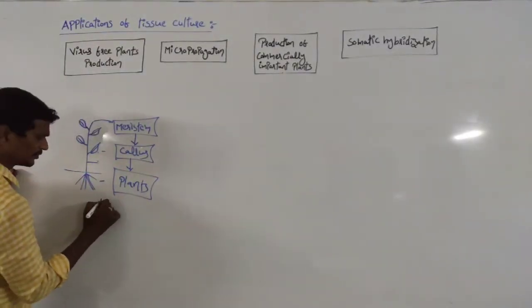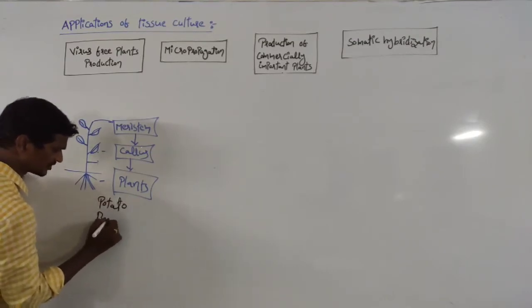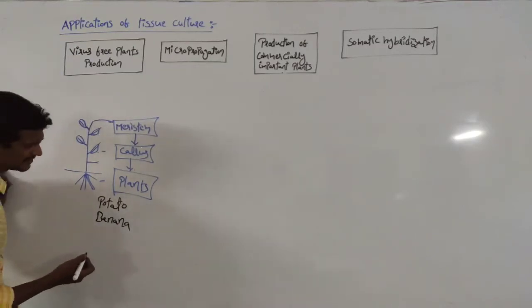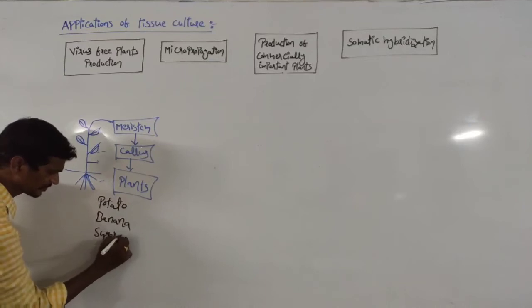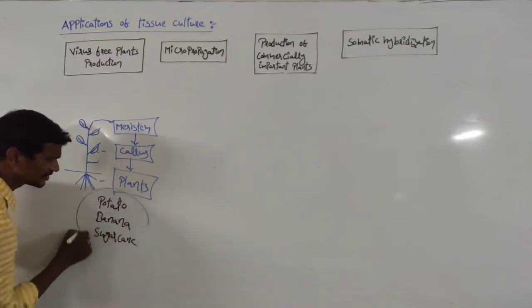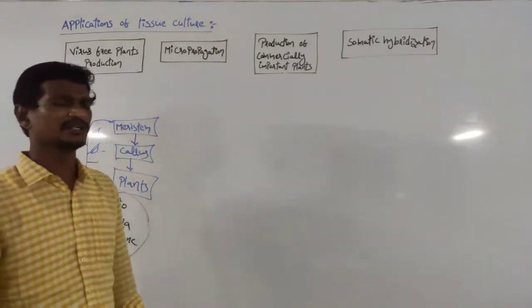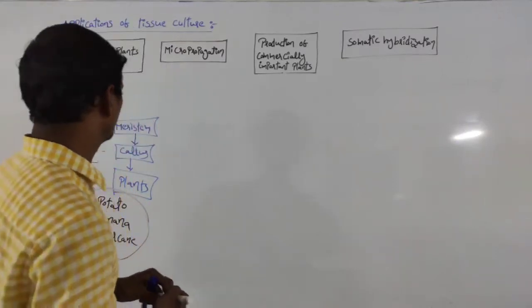Some plants have been produced: the potato plant, the banana plant, and the sugarcane. These three plants have already been produced by scientists. That is about virus-free plant production.